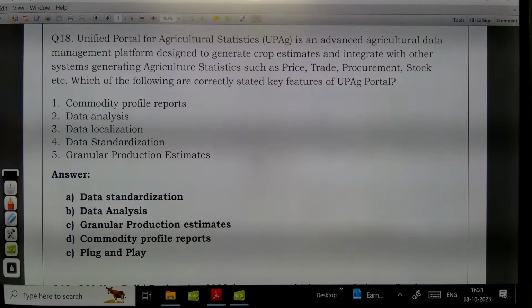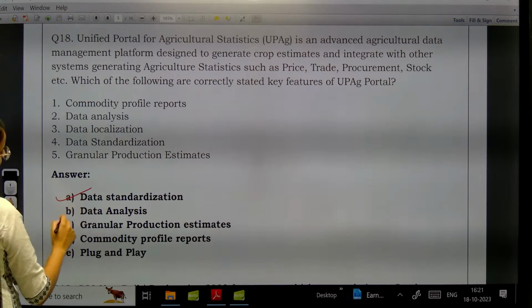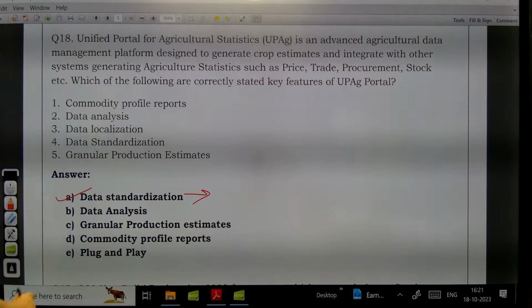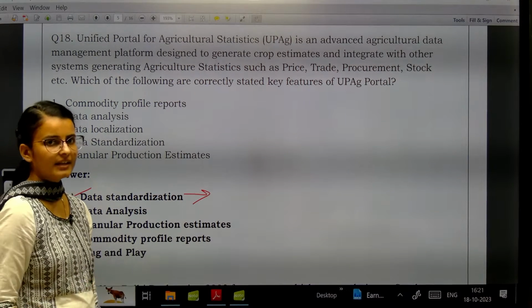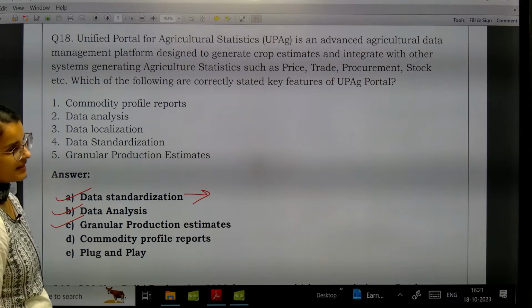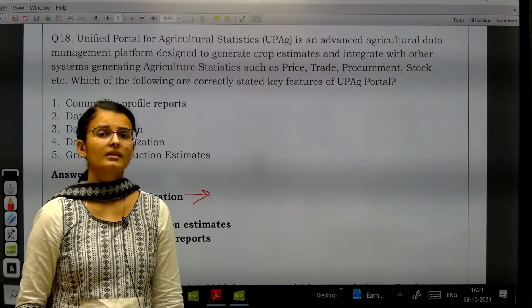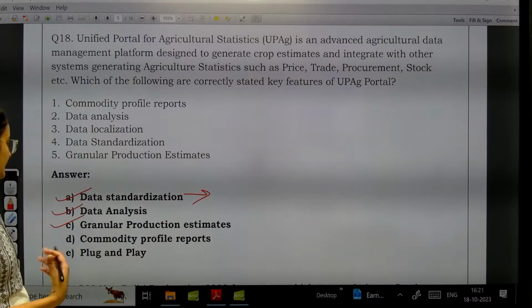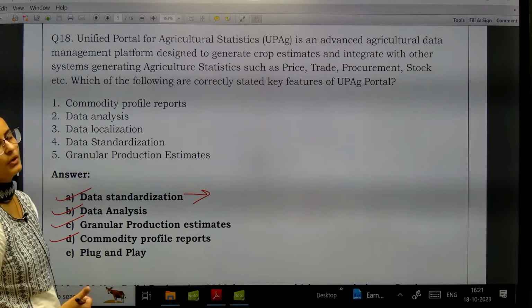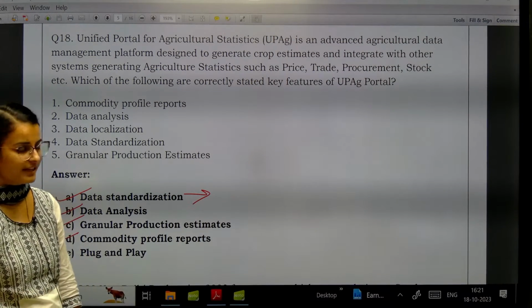So answer is data standardization, that is to standardize the production prices of the produce. Data analysis, what is the ongoing trend in the production, and it does granular production estimates, means it does estimates like what kind of produce can be done, and commodity profile reports of particular commodities there.